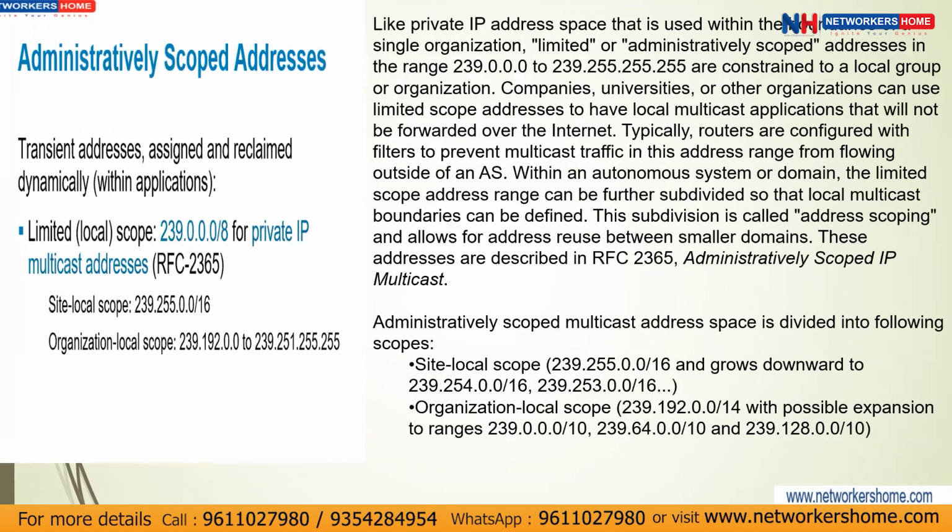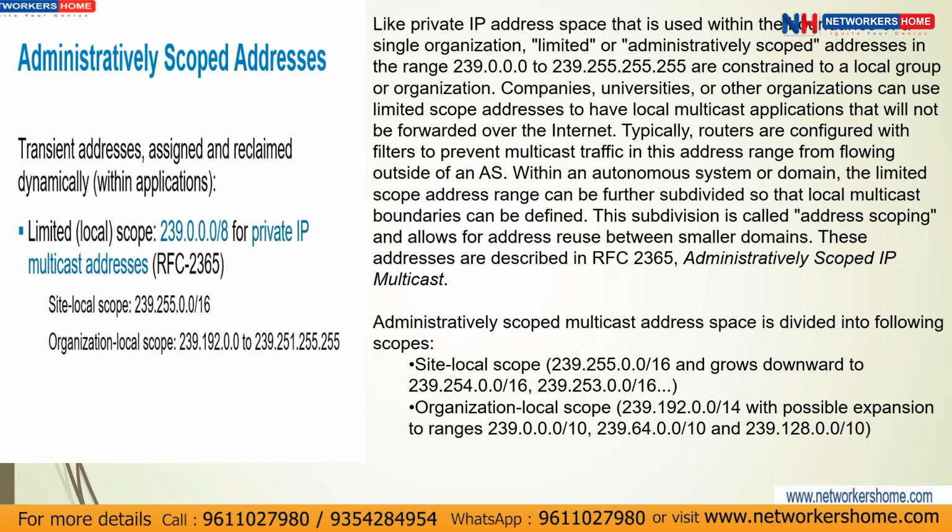Administratively scoped addresses are like private IP address space. This is used within the boundaries of a single organization. Limited or administratively scoped addresses in the range 239.0.0.0 to 239.255.255.255 are constrained to a local group or organization. Companies, universities, or other organizations can use limited scope addresses to have local multicast applications that will not be forwarded over the internet.